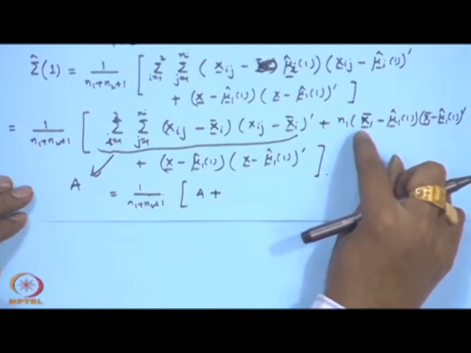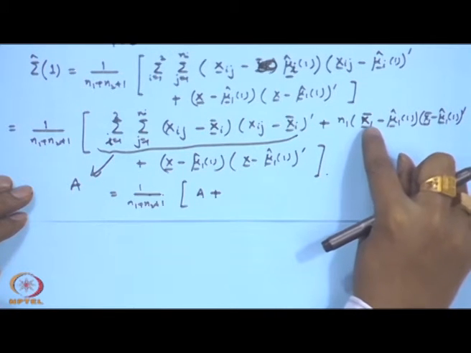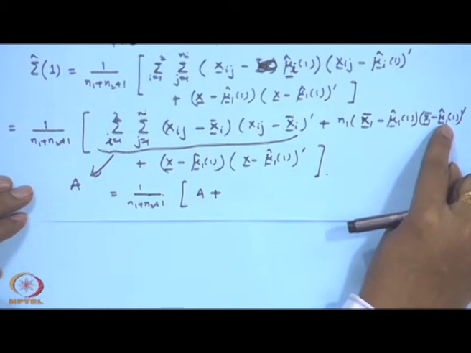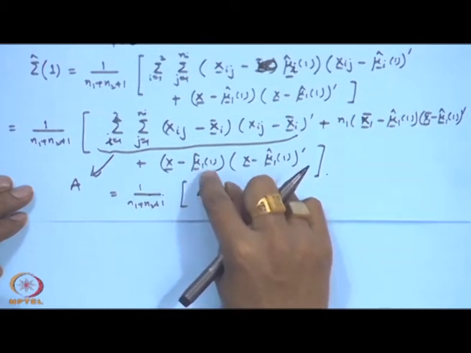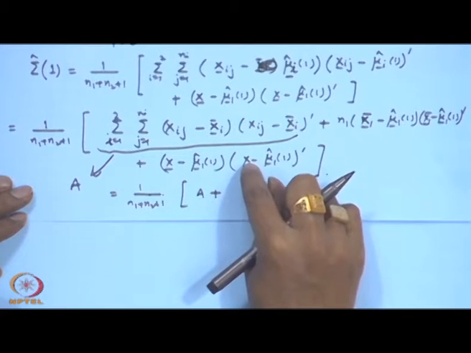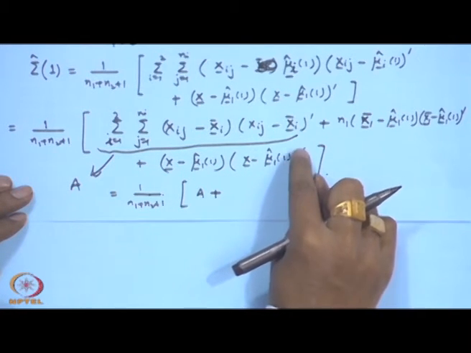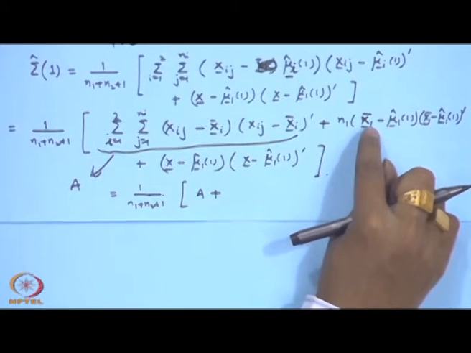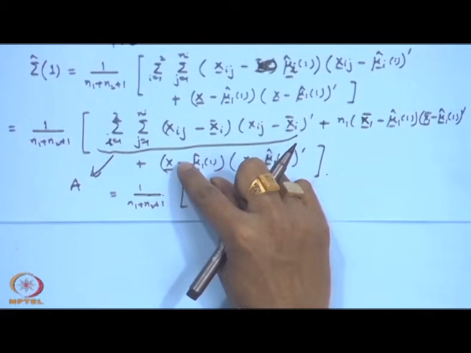You look at the nature of the terms. Here it is x 1 bar minus mu 1 hat, x 1 bar minus mu 1 hat prime, and here also x minus mu 1 hat into x minus mu 1 hat prime. So, we can actually consider expansion of this and then combine this term here.